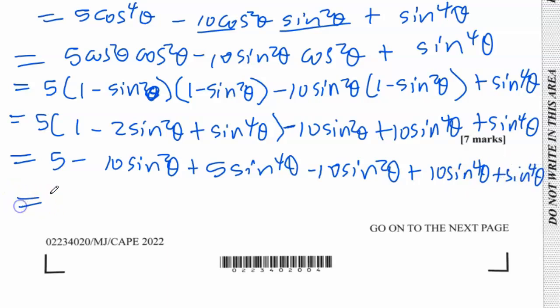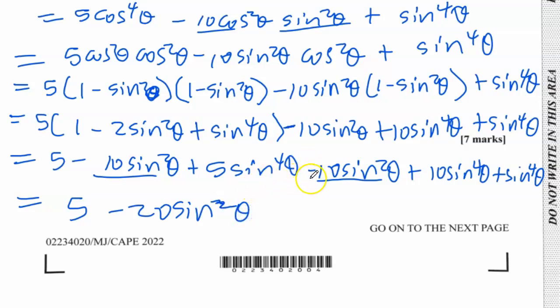So we can group the like terms. The only constant there is 5. Terms in sine square, now we have minus 10 sine square, and then minus 10 sine square, that's minus 20 sine square. And then the terms in sine to the power 4, so we have 5 plus 10 plus another 1, that's 16 terms where you have sine to the 4th power theta.